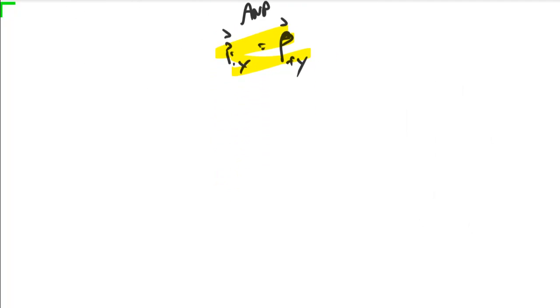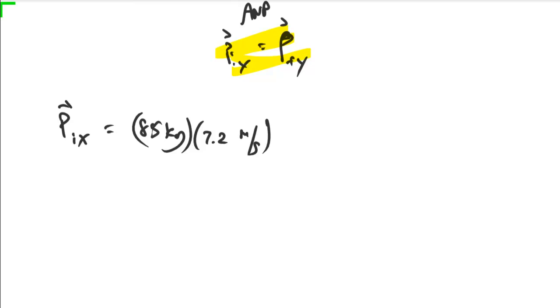And so we have the initial momentum in the x direction. This is equal to 85 kilograms times, what was it, 7.2 meters per second. And that's our initial momentum in the x direction, which comes out to 612 kilogram meters per second. No special units for momentum, just kilogram meters per second.